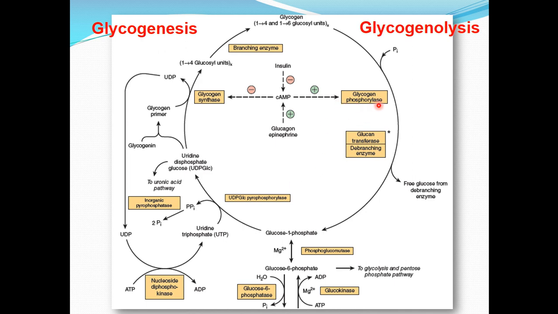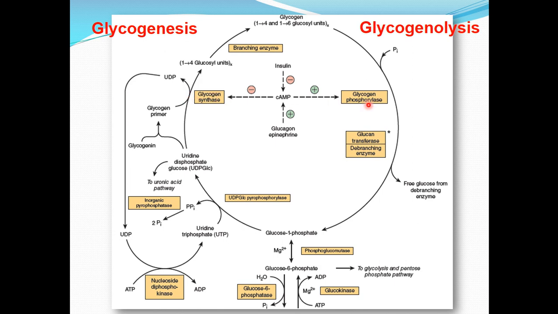Phosphorylation of glycogen phosphorylase increases its activity. The activity of glycogen phosphorylase is increased as a result of its phosphorylation, and the activity of glycogen synthase decreases as a result of phosphorylation. Means its active form is dephosphorylated and its active form is phosphorylated.